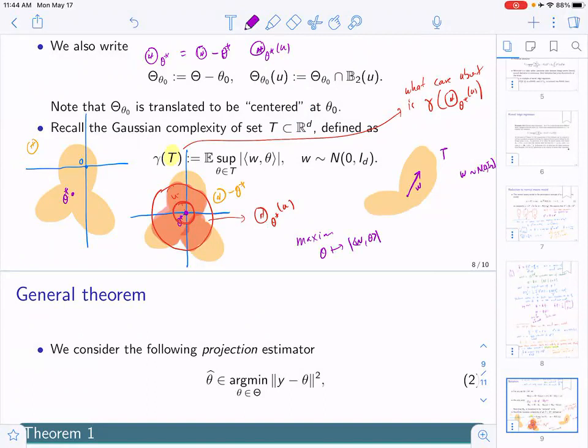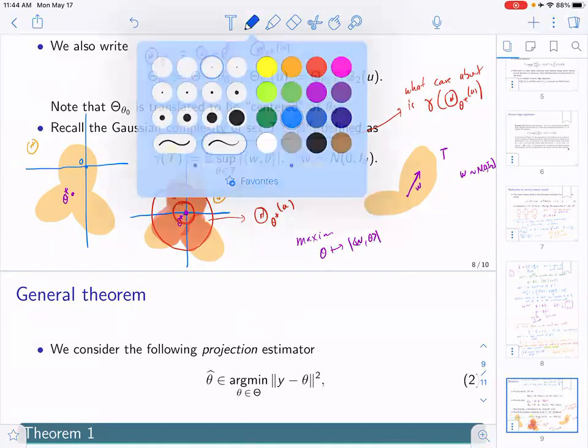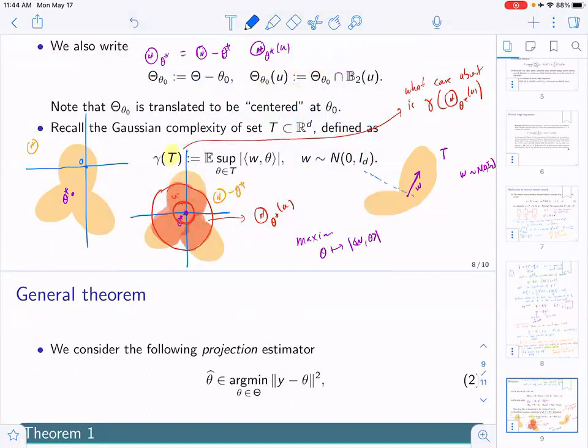The level sets of this function are things like this. These are the level sets of the linear function.